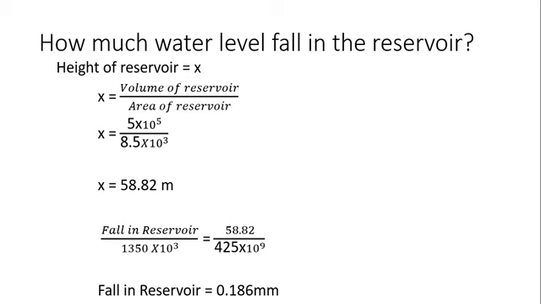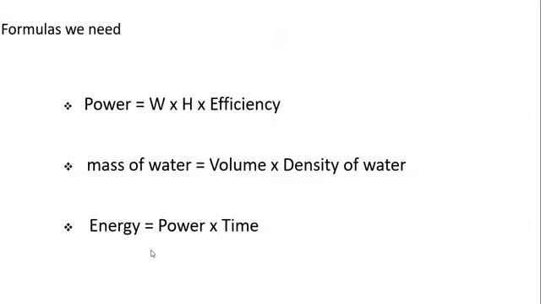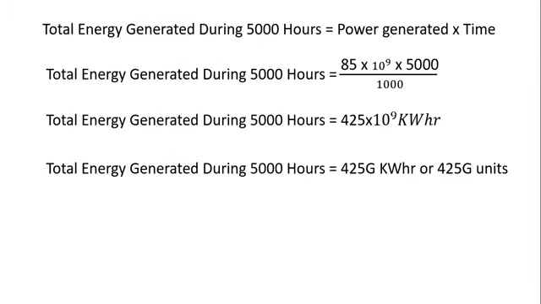So what I did next, I considered this height is relevant to this energy. And what is this energy? This energy is the first question scenario energy, where during 5000 hours this energy was produced, 425 giga kilowatt hour.